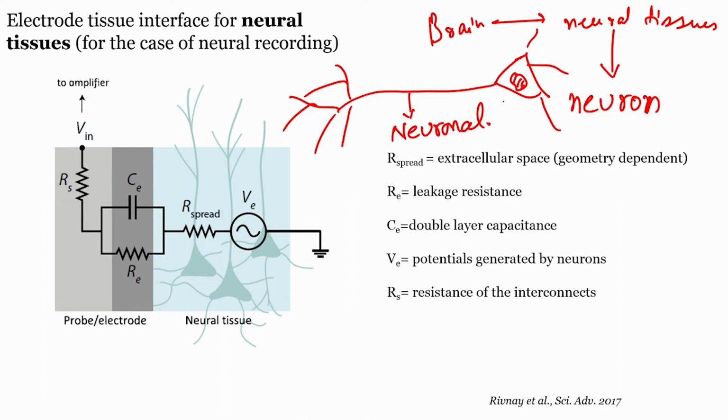So neuronal tissues generate potentials. I will not go into the details of the biology here. That will be another session in itself. A single neuronal potential is called an action potential. And imagine there are millions and millions of neurons in our brain.